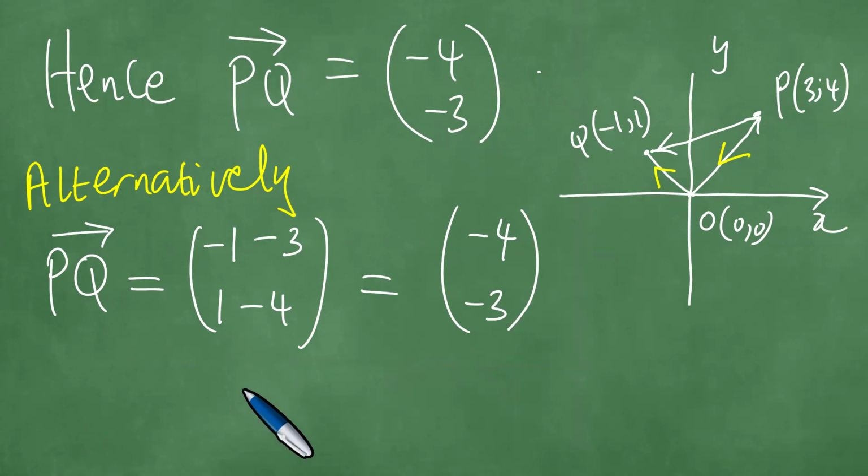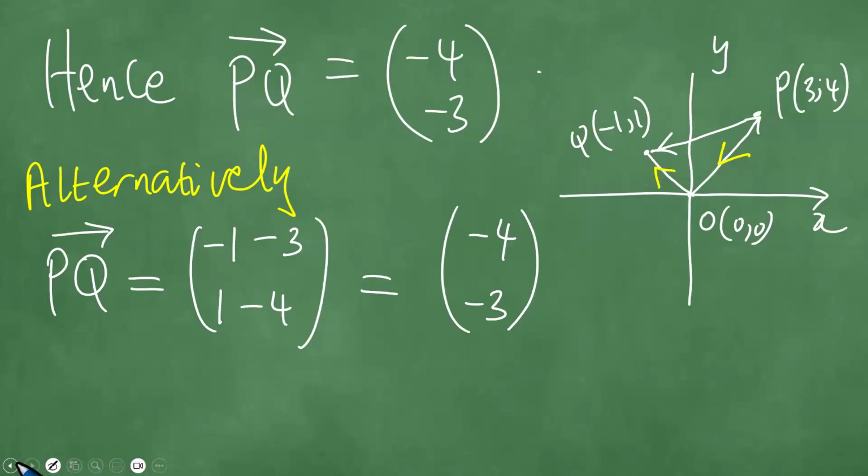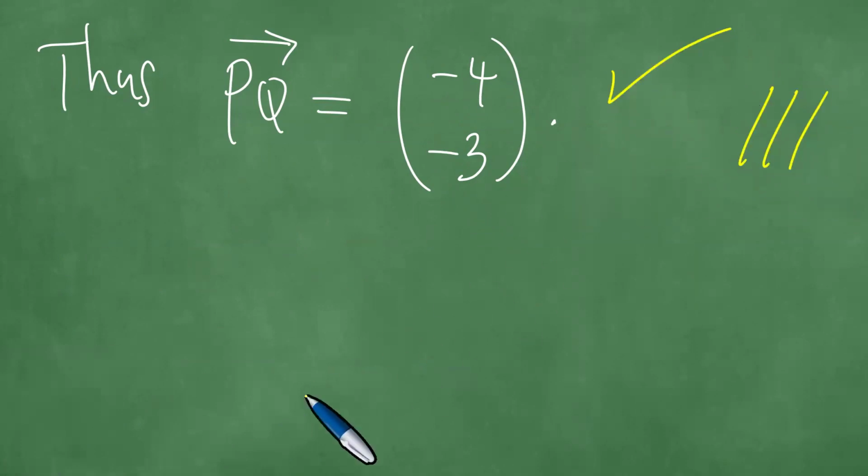Thus, the vector PQ, which has been desired, is the required result: it is (-4, -3). This is what we were asked to do.